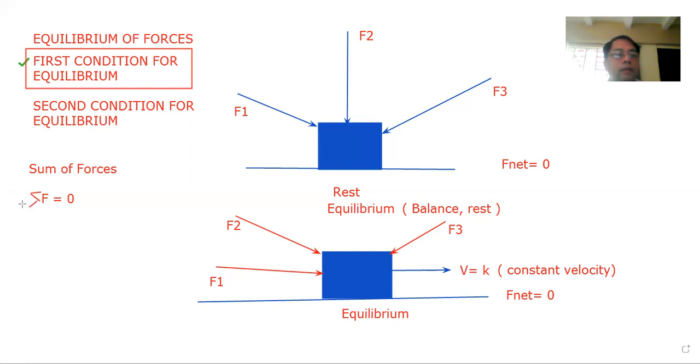It indicates that we are adding F1, F2, F3. If all of their total is 0, then this body will remain at rest. If the body is already sliding, but the sum of all these forces is 0, then the body will simply slide with constant velocity. There would be no acceleration that results.